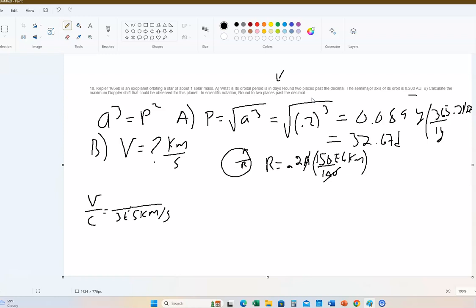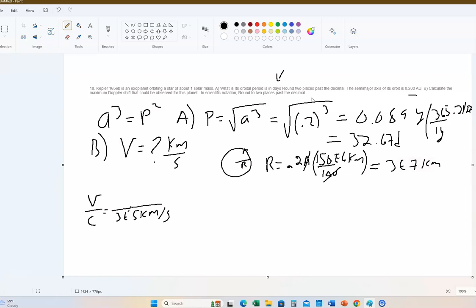It turns out to be 3 times 10 to the 7th. All right, so this is what R is. R is 3 times 10 to the 7th kilometers.